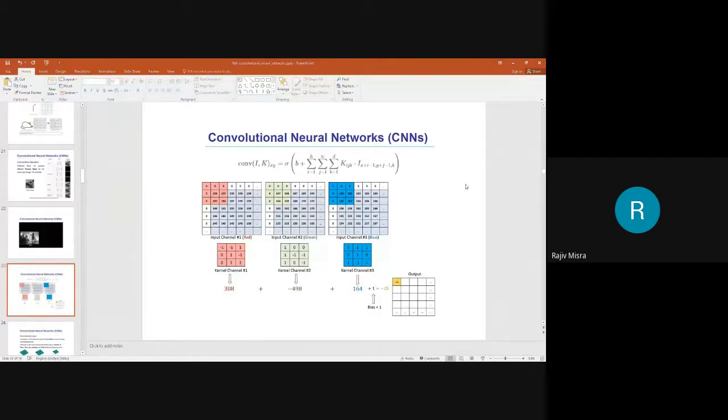And its depth will be 1. Why? Because all values of red, green, blue are collapsed into a single dimension. So the output of this convolution operation will shrink the depth into 1, that is 5 by 5 by 1.